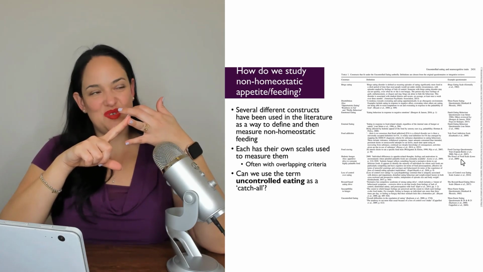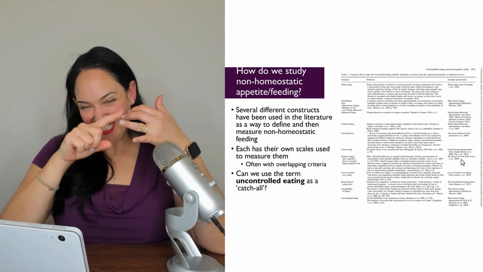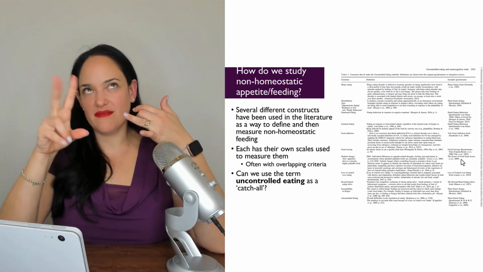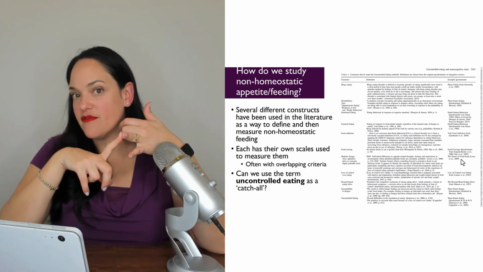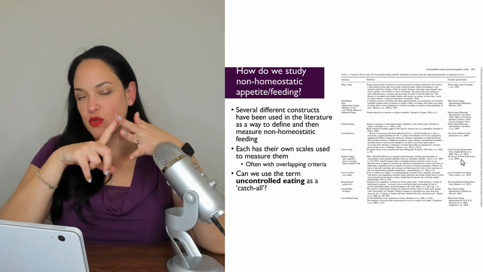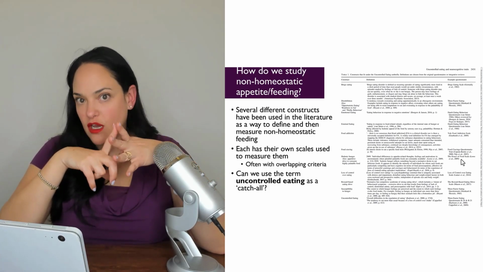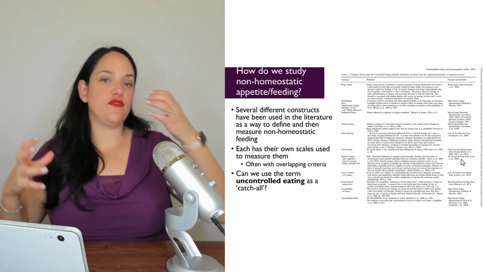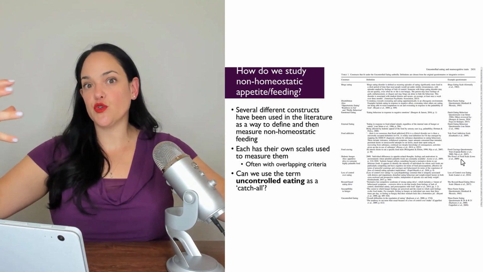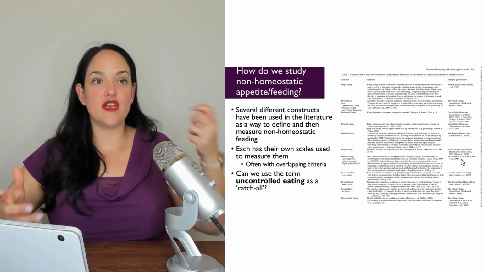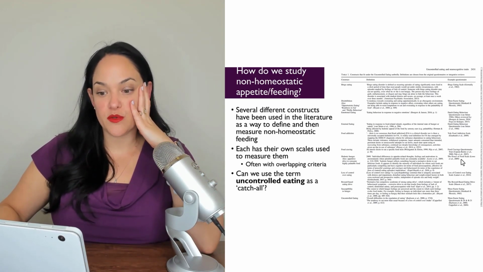Food addiction, should we choose to believe that's a thing, because there are debates about whether that exists or not, could be considered part of non-homeostatic appetite. So could food cravings, so could loss of control eating. And what this review paper actually argued is, can't we just say they're all kind of part of this uncontrolled eating? So is that another word we could use for non-homeostatic appetite?